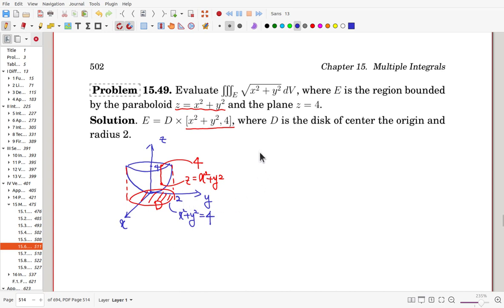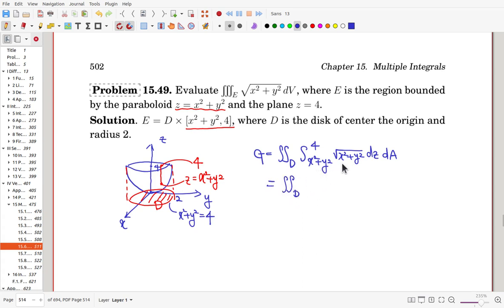Now, the given integral is a two-dimensional outer integral. The inner integral has bottom z equal to x squared plus y squared, top z equal to 4, and the integrand is the square root of x squared plus y squared, with dz, and over D. Now this is z independent, so we can get it quite easily.